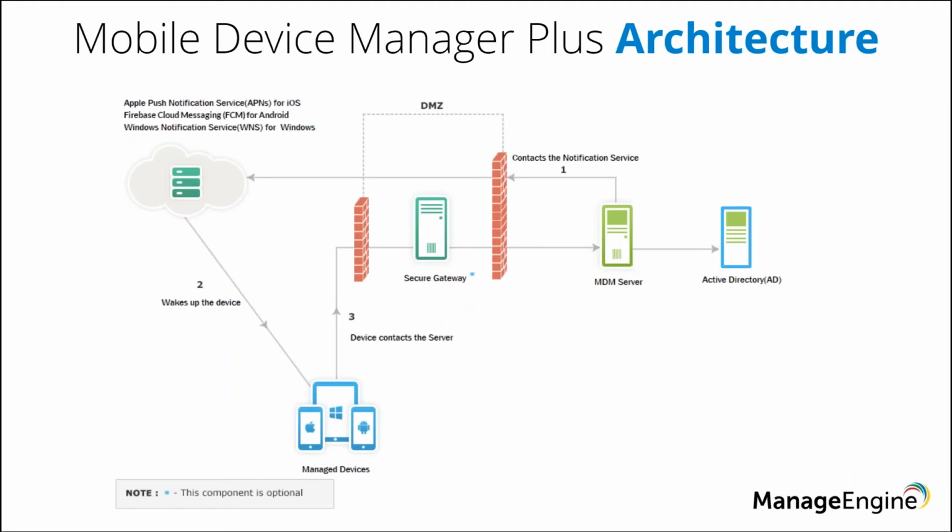So any requests from the mobile devices would be forwarded or taken up by the proxy or the secure gateway service, and then it would be forwarded to the Mobile Device Manager Plus service itself. Thus, your MDM service does not need to be exposed to the internet itself. Only the secure gateway service, which is present in your DMZ, should be exposed to the internet. And at last, you have the ability to integrate your Active Directory solutions with the MDM for device enrollment and provisioning options.